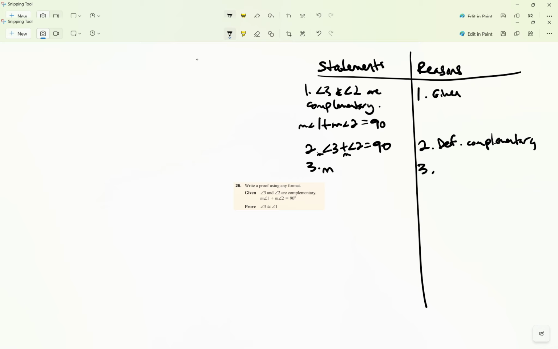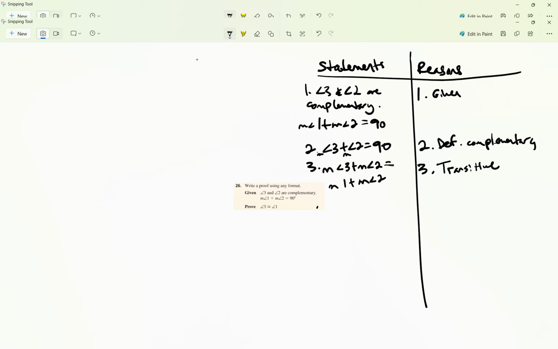So couldn't I say that the measure of angle 1, or I'm sorry, measure of angle 3 plus the measure of angle 2 is equal to, and I'm going to show you guys something in a minute here, is equal to the measure of angle 1 plus the measure of angle 2, right? This guy and this guy are going to be equal to each other. And why? Well, just like in the last problem, we're going to employ the transitive property.